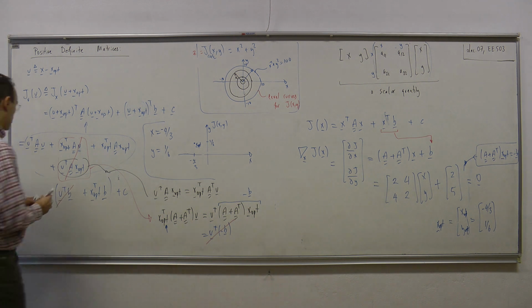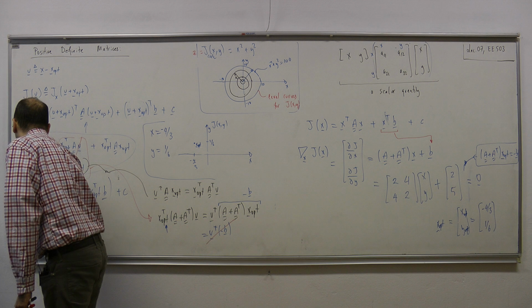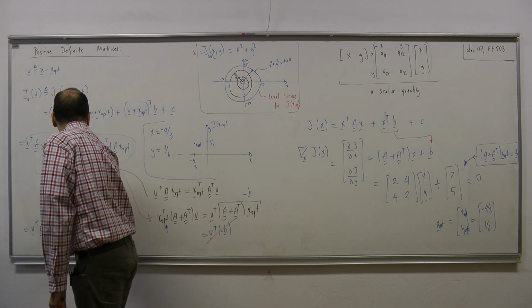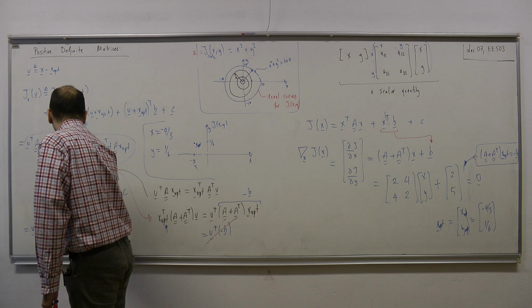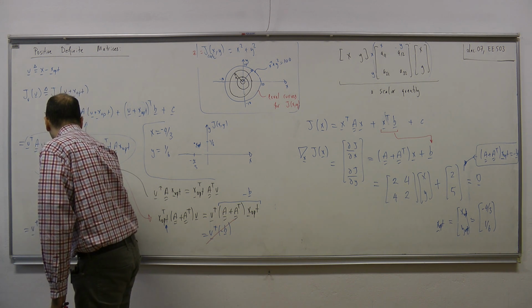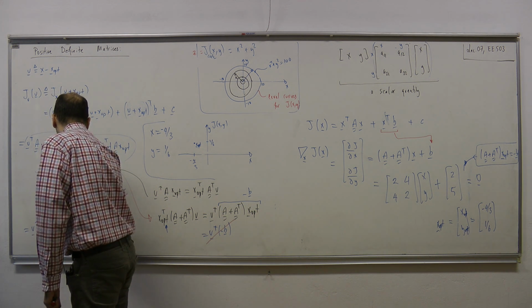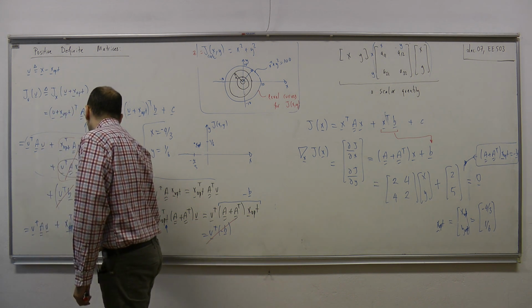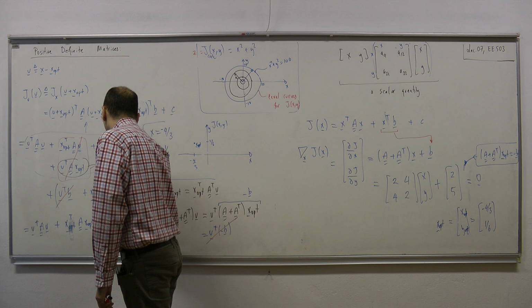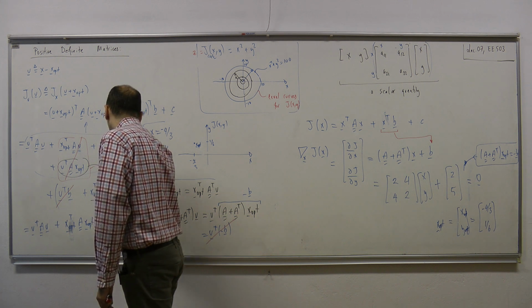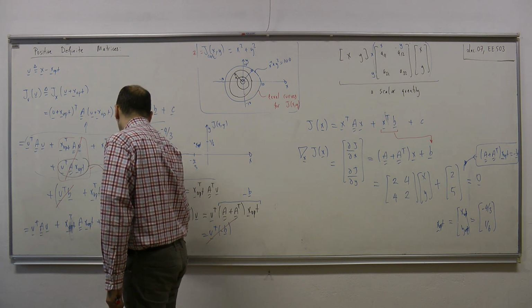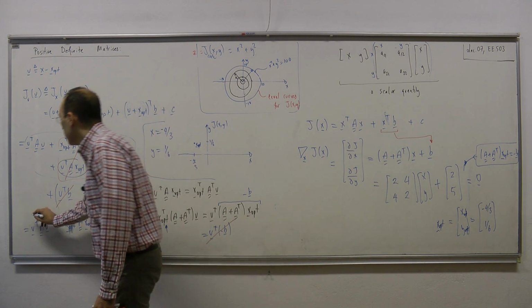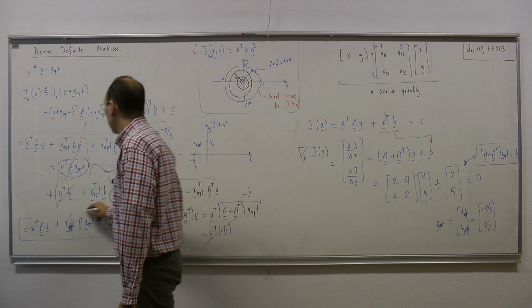Okay. So at the end, I get the following: U transpose A U plus XOPT transpose A XOPT plus B transpose XOPT plus C. C is constant. That is it. So what is this? This is my deviation function, as I have said.